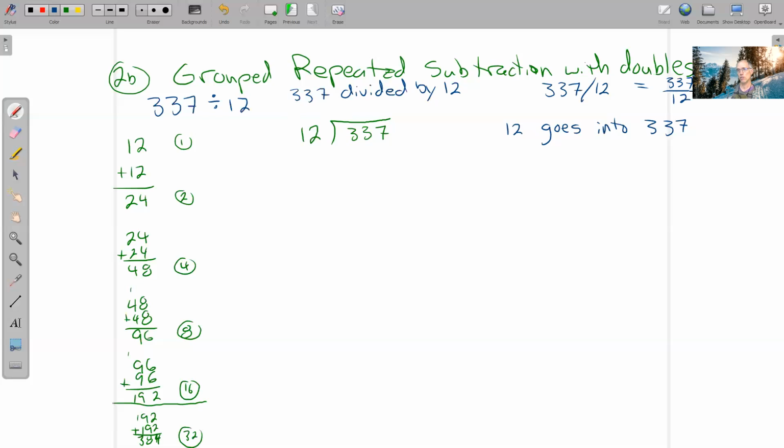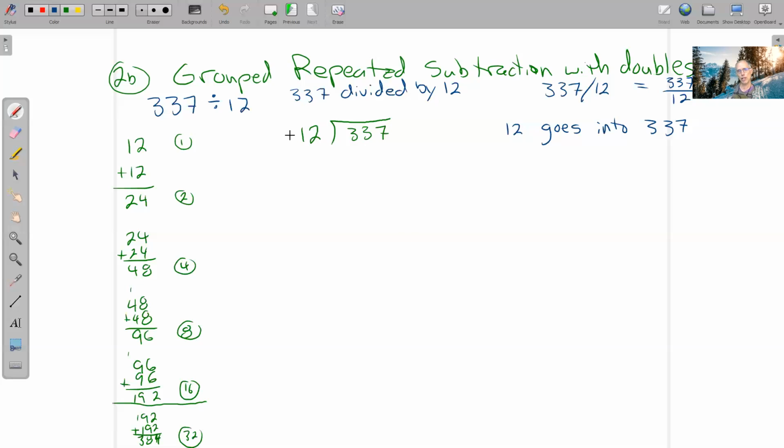So the fraction bar is a division symbol, that forward slash is a division symbol, and this funky thing here is a division symbol. This right here is the goes into symbol. You could call it the long division symbol, but it is different than the other 3 symbols because it changes the orientation of the numbers, and that is troublesome for some kids.